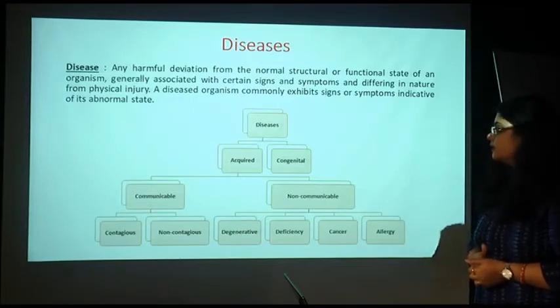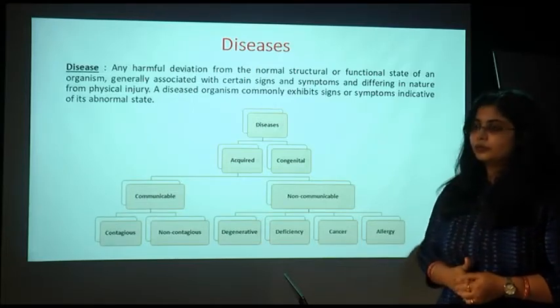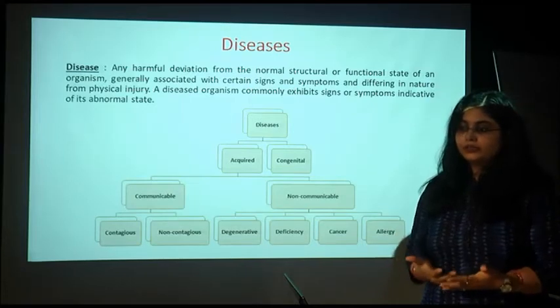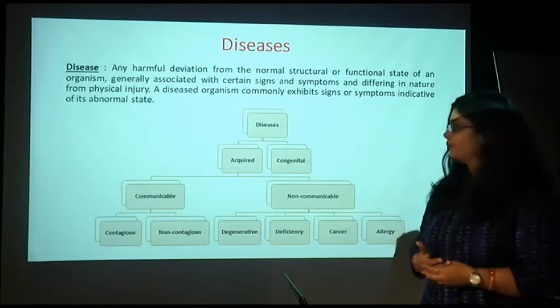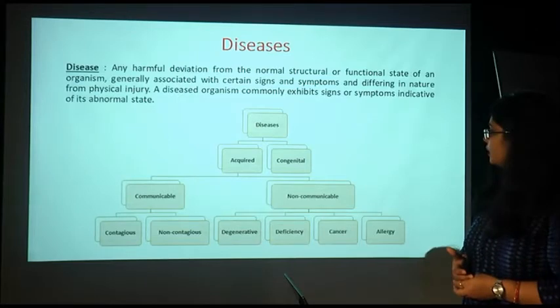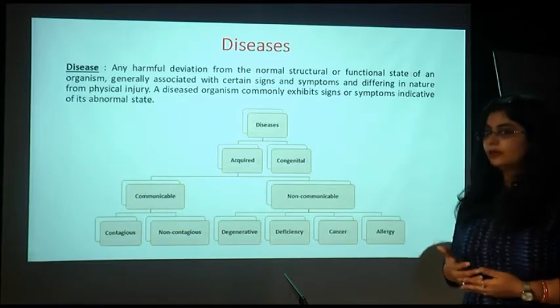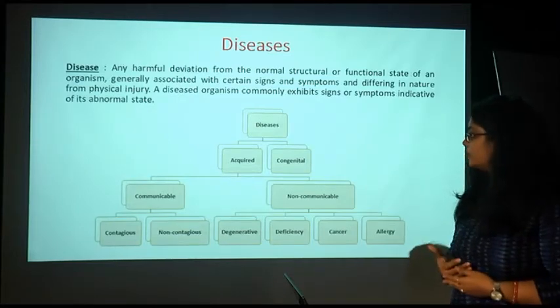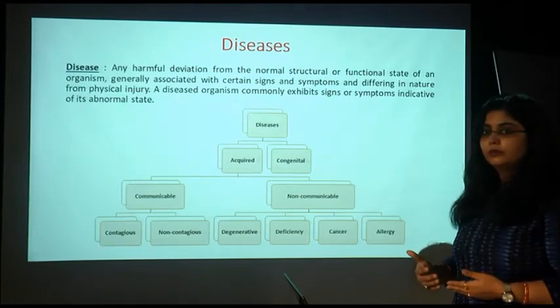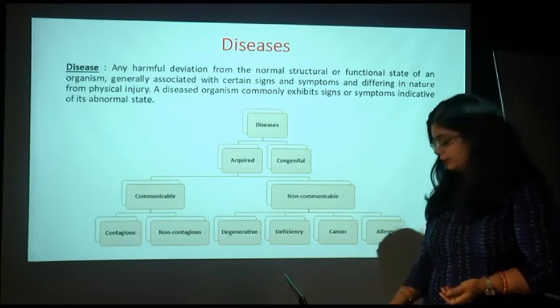Next is cancer, which can be caused either by internal intrinsic factors or by extrinsic factors. And then allergy. For today we will take up the communicable diseases, and the non-communicable diseases we will try to cover in the next class.